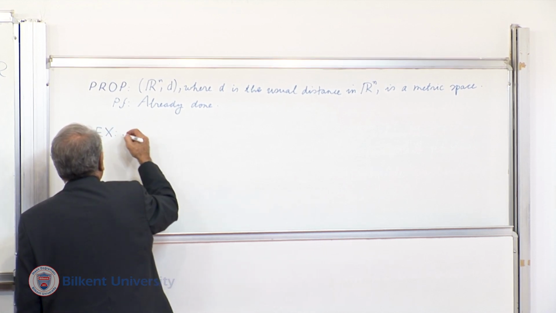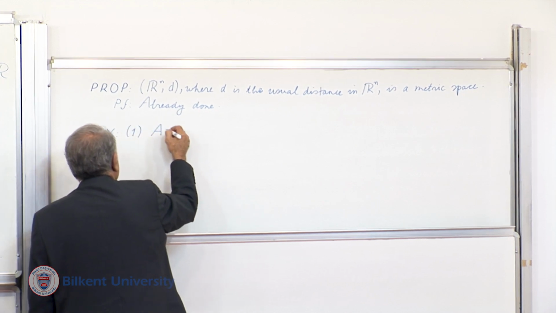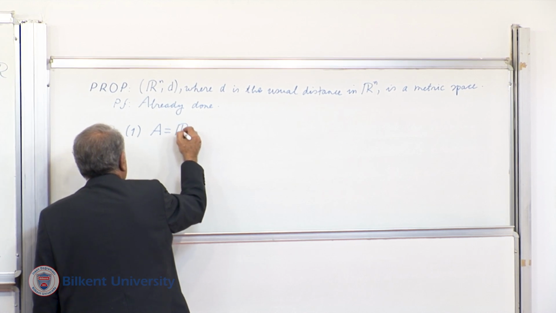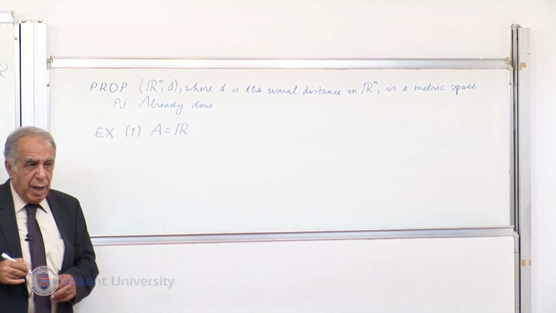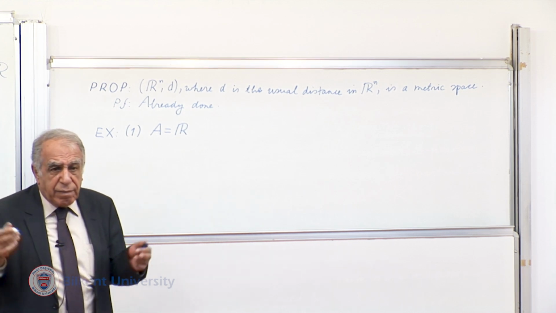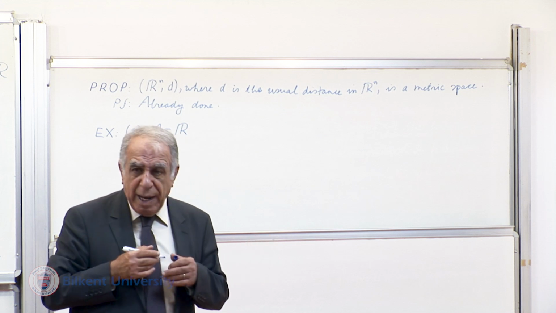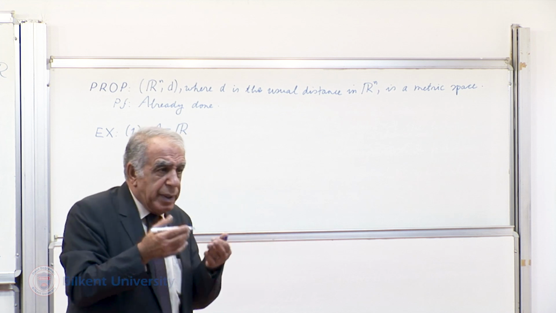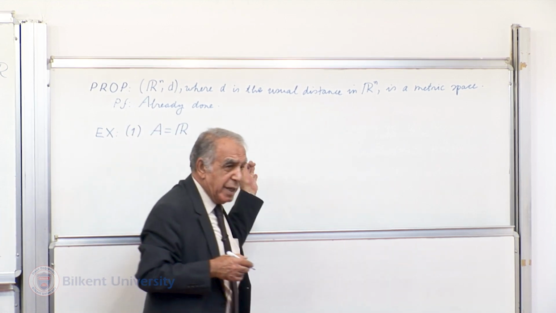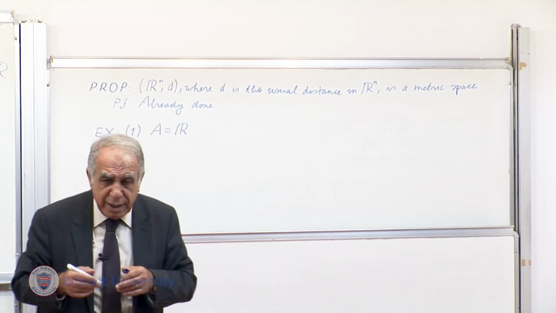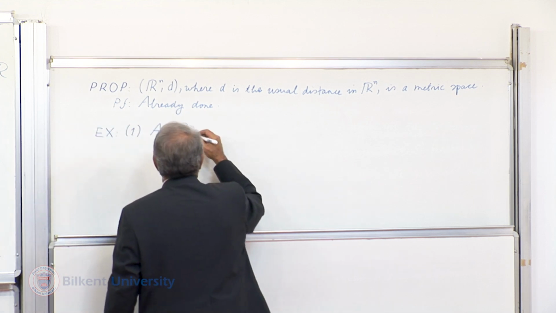Now let's start with a simple example. Let's take our set equal to R. Of course, you can define plenty of different metrics on one and the same set. Well, on R we have the usual metric. We'll refer to the usual distance as the usual metric henceforth, but we can define others as well.